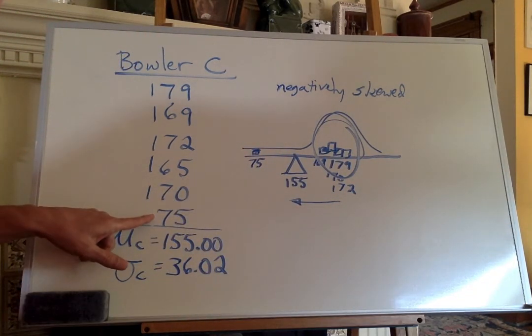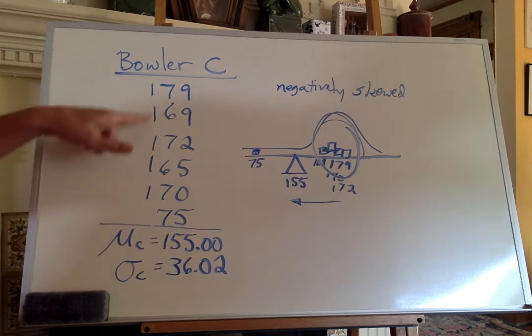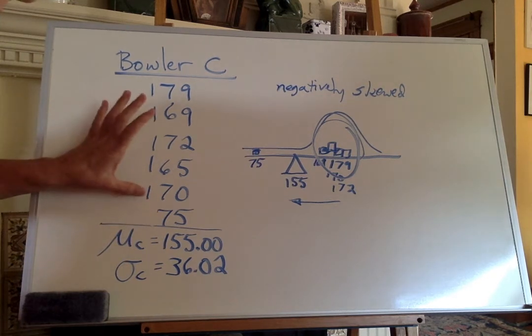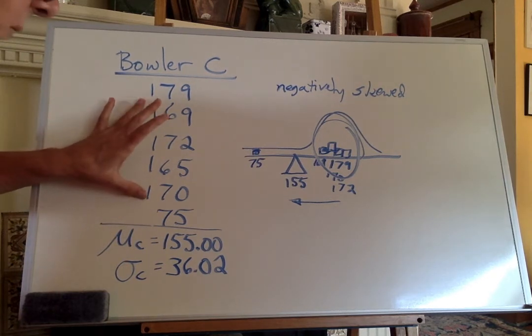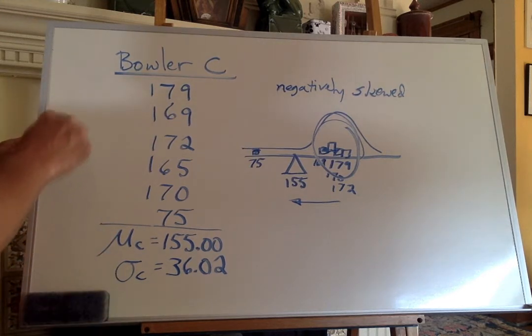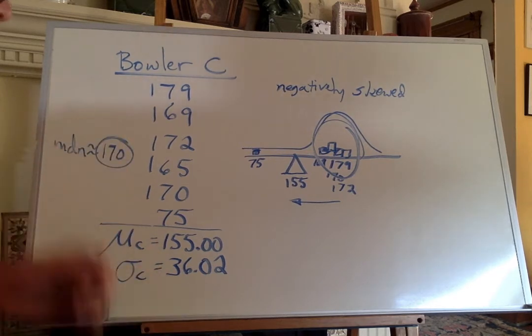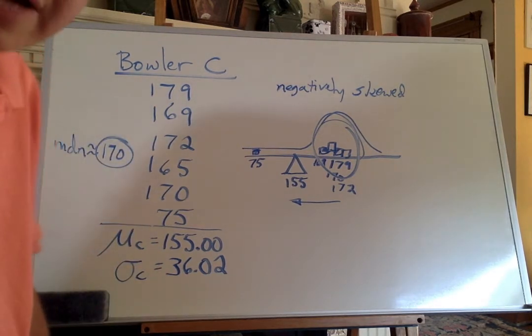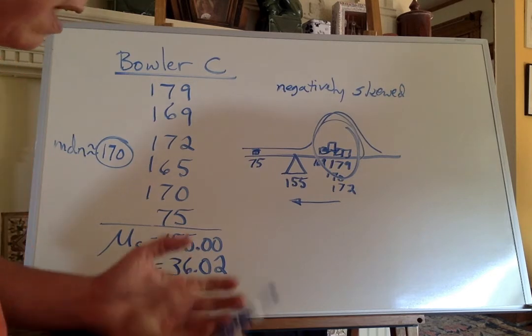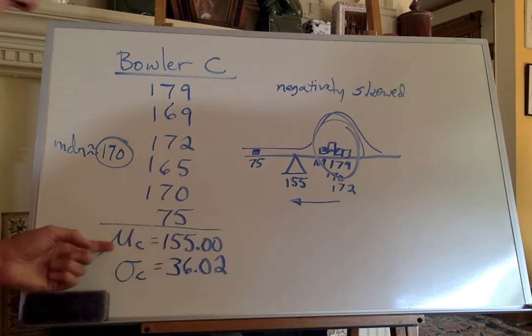So 1, 2, 3, right? And then this would be the 4th. So the median for this data set would be something around 170. That's a little bit better description of what's going on for bowler C than a mean of 155.